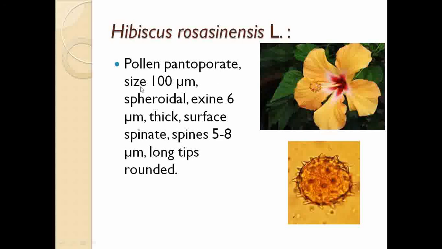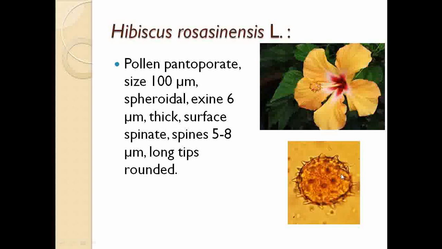Then the next example is Hibiscus rosa-sinensis. See that after acetolysis it looks like that. The pollen is pantoporate. Pantoporate means the apertures are present over the overall surface of the pollen grain, while zonocolporate means the apertures are only present at the edges. The size of the pollen grain is 100 micrometer.